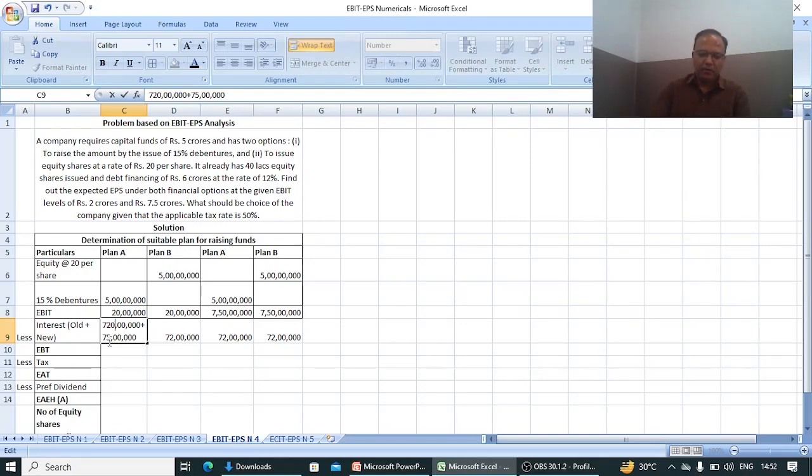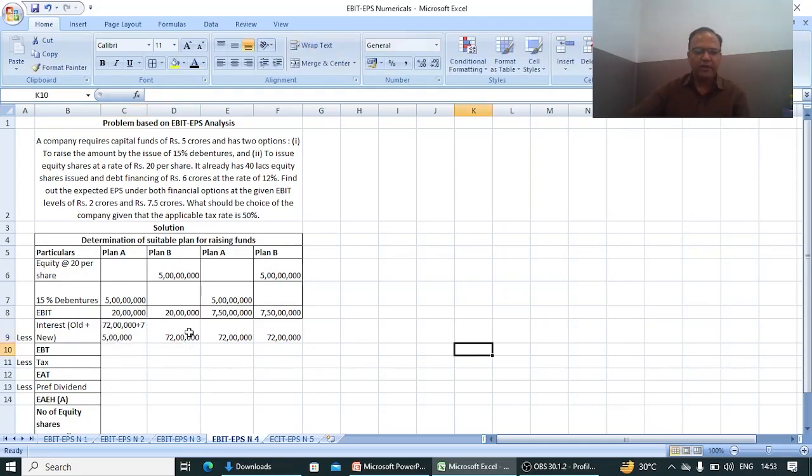Just a minute, I have to take the help of a calculator. 6 crore into 12%, 72 lakh, good, plus 75 lakh.